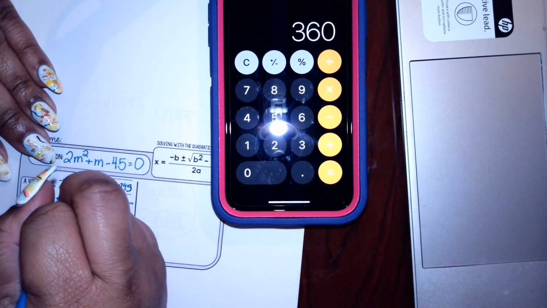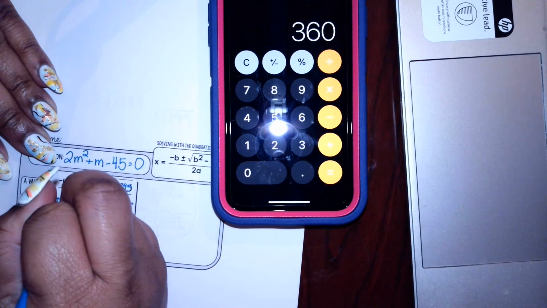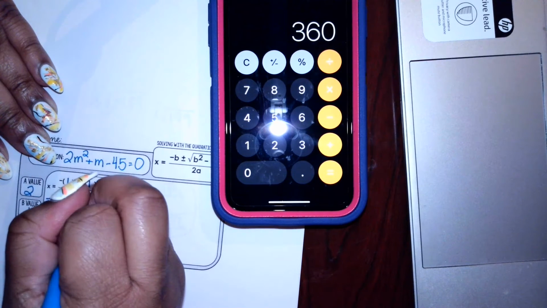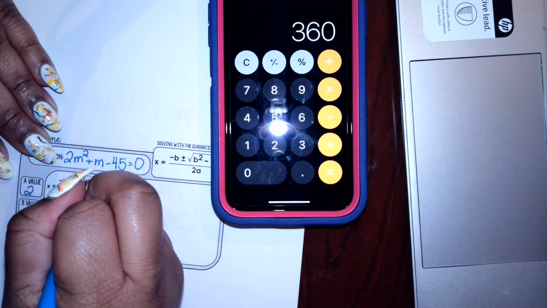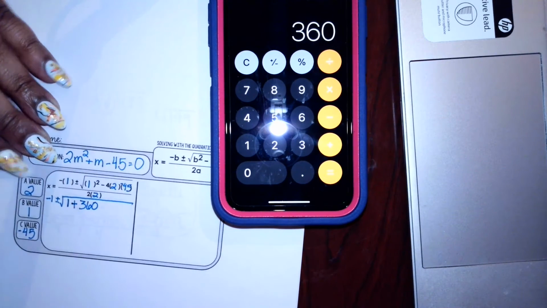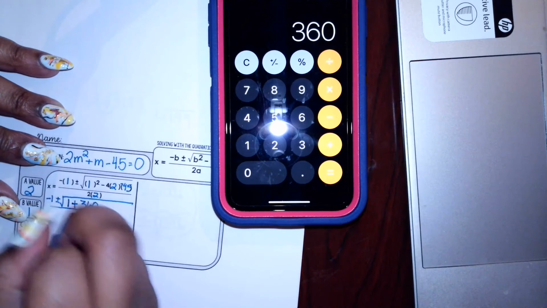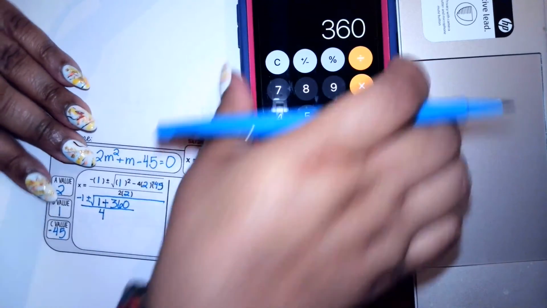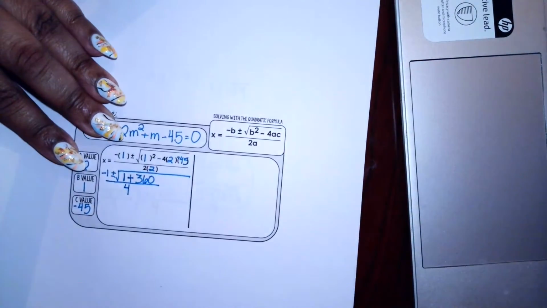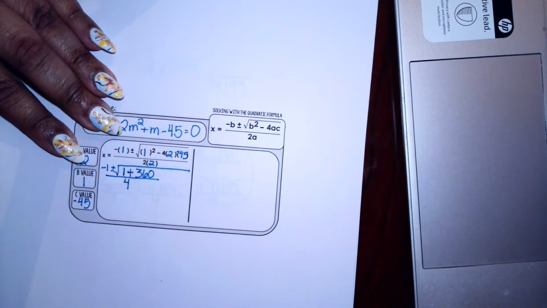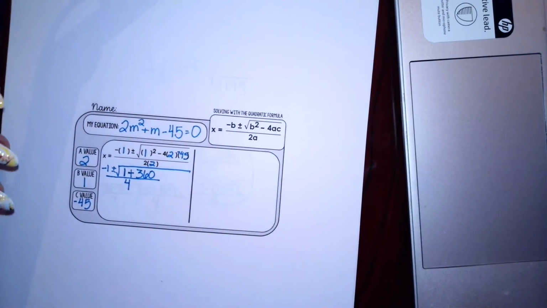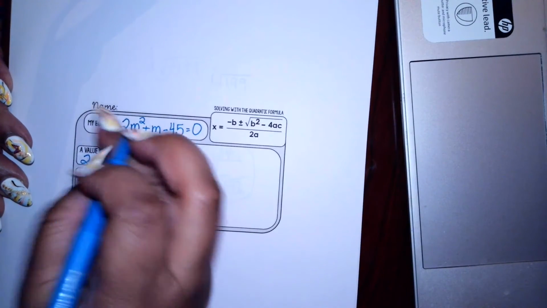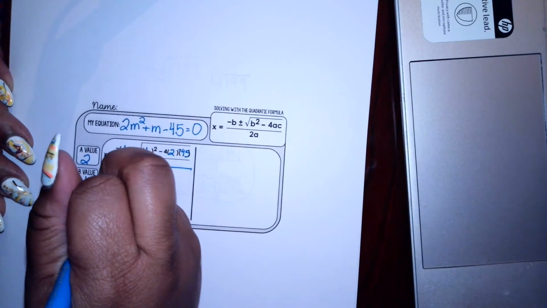So it's going to be a positive 360 over 4. Okay, so positive 360 plus 1 is going to give us 361.